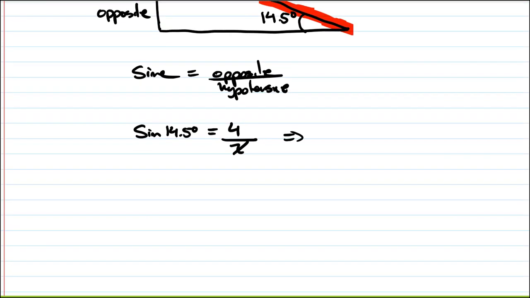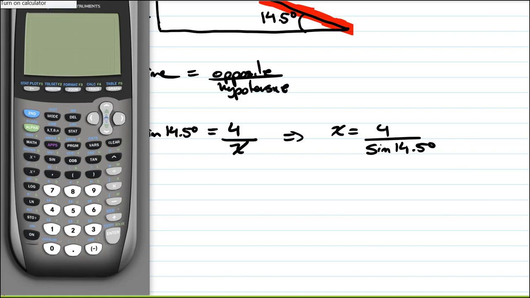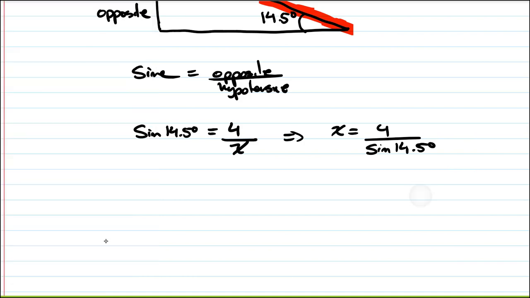Solving that for x, we get x is equal to 4 over the sine of 14.5 degrees. And we feed that to our calculator. So 4 over the sine of 14.5, and we get 15.97, so about 16 feet.